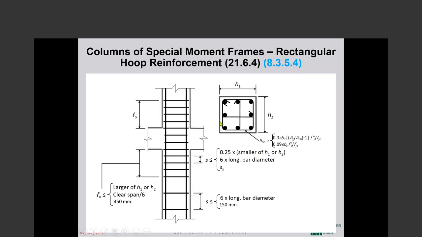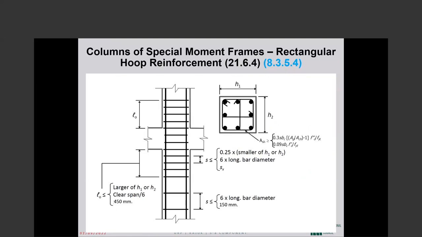The sum of the cross-sectional areas of those 3 legs, as well as the sum of the cross-sectional areas of this leg and that leg, must be equal to the area given by those 2 formulas, and the larger amount governs. So the minimum cross-sectional area of the transverse reinforcement must be no less than the larger value given by those 2 formulas.